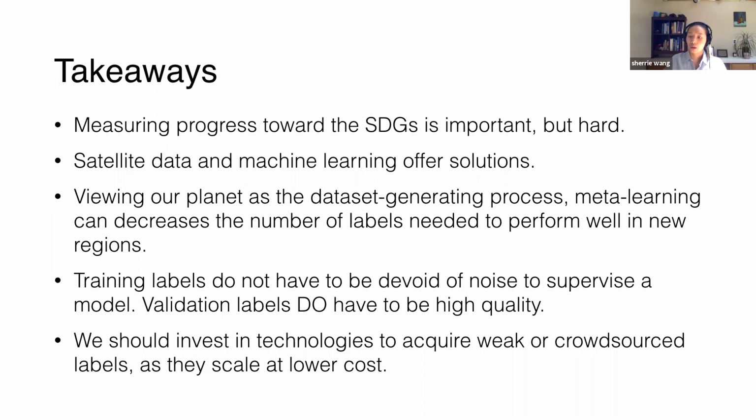And so I would conclude that we should invest in technologies to acquire weak or crowdsourced labels because they can achieve scale. And in this case in Plantix, we had 2 million submissions at much lower cost than traditional field survey based approaches.